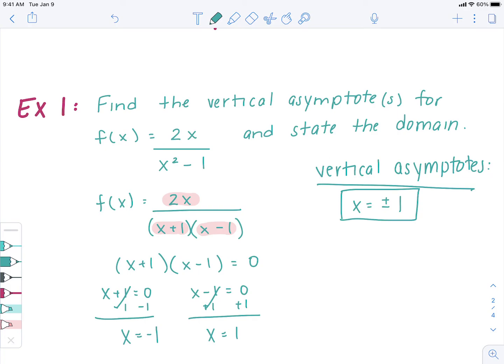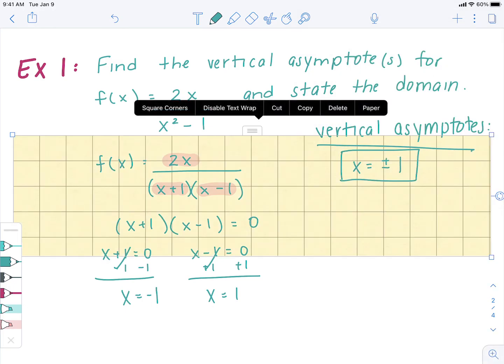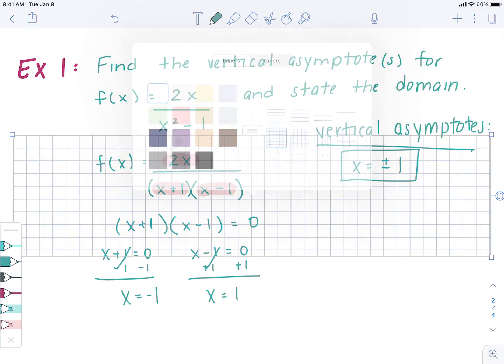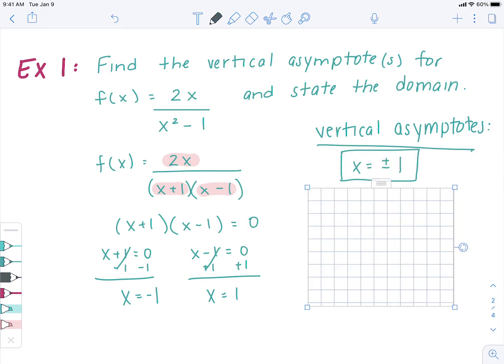Which means if I were going to actually graph this, or start to graph this, vertical asymptotes at positive and negative 1 mean that I have an asymptote here, and I have an asymptote here.